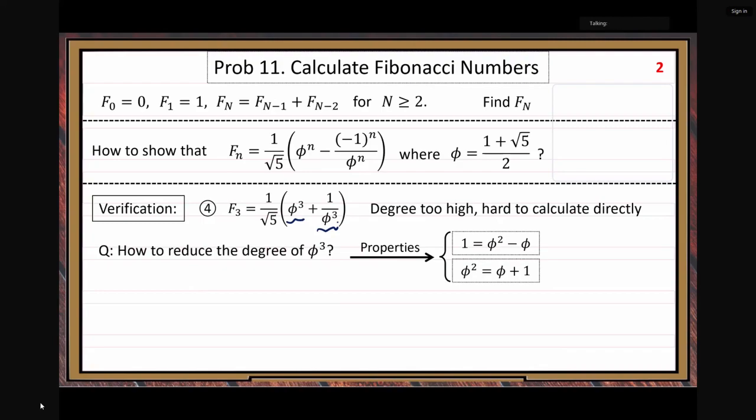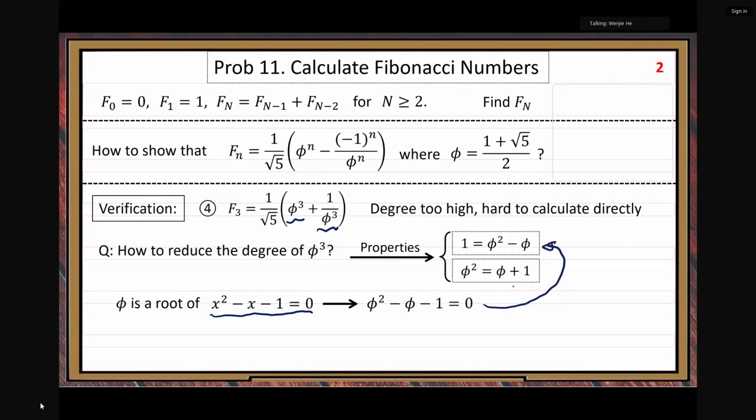Why? Because phi is a root of this quadratic equation. That means if you plug phi into this quadratic equation, you get equality, right? Can you convert this equality in two different ways to get these two properties?